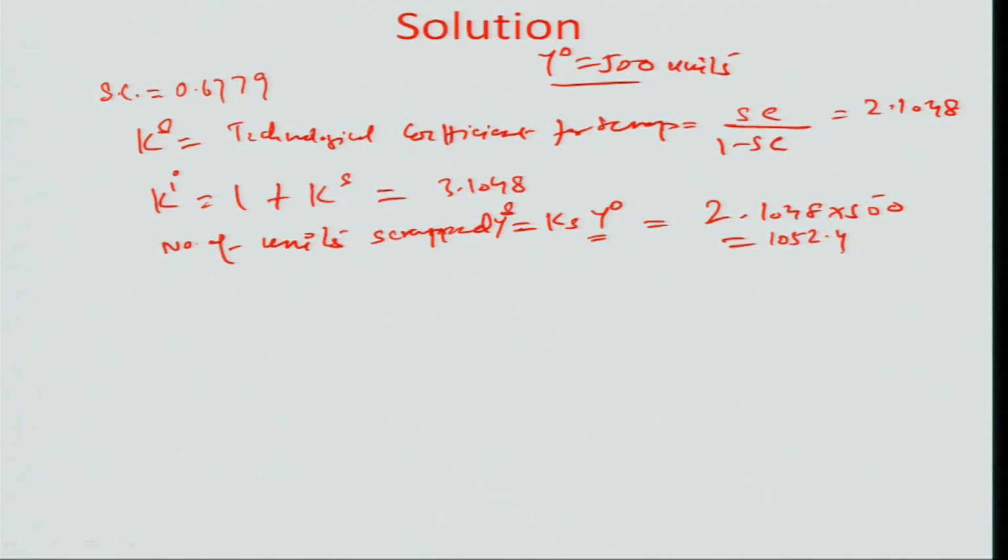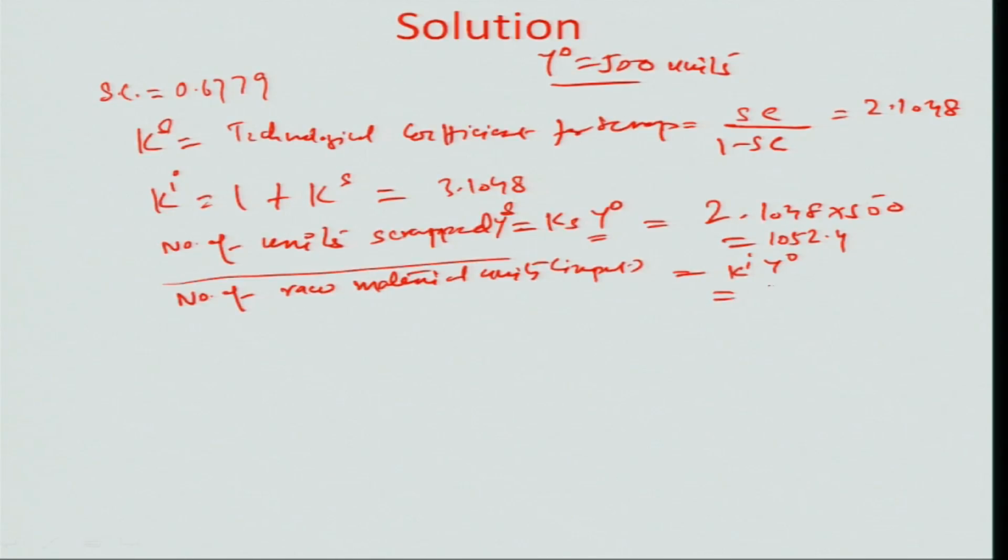So these are the number of units which are scrapped by the process, and the total raw material input units would come out to be equal to the technological coefficient for the input times the 500 output capacity.